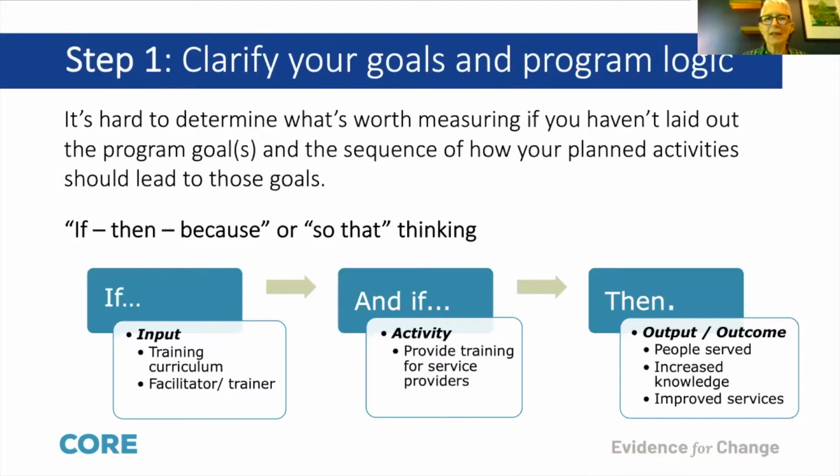If you lay out what we're doing, what that might lead to, and why we're doing that, it can really help you figure out what measures are most appropriate for seeing whether that logic is carrying through. This is if we do X, then Y because such and such, or do X so that Y happens.